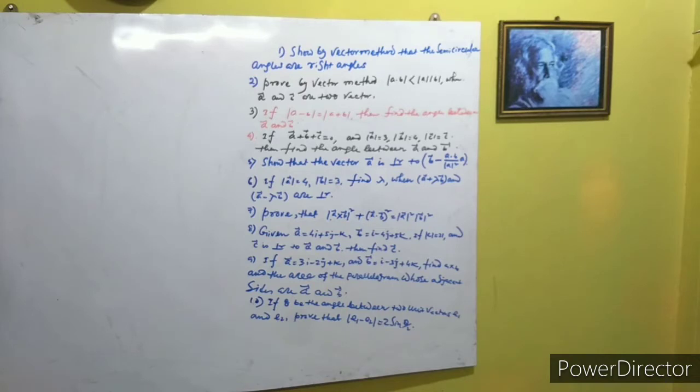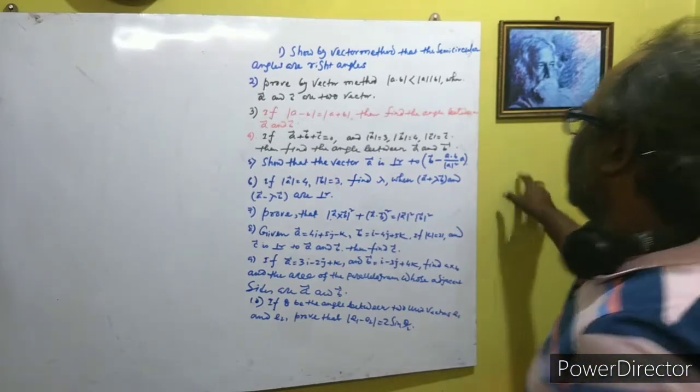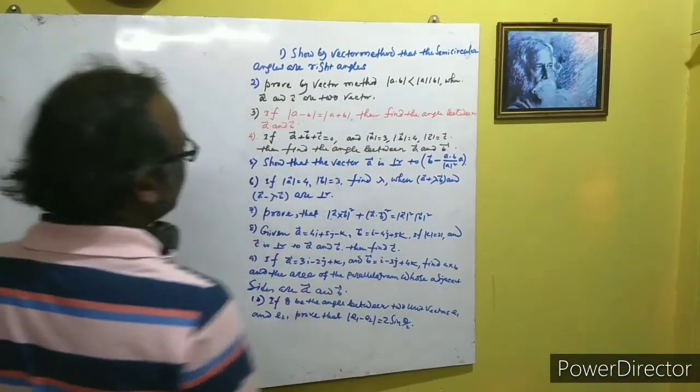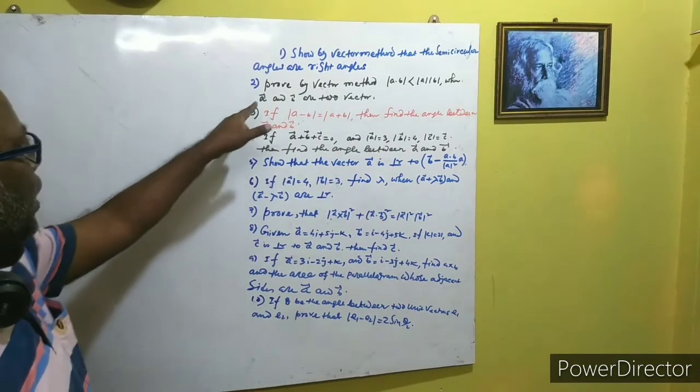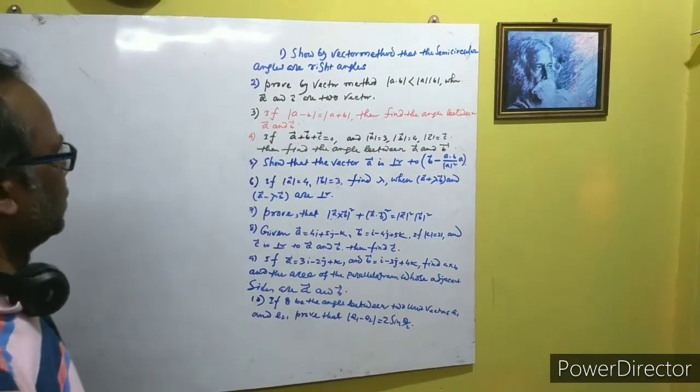Number 1, show by the vector method that the angle in a semicircle is a right angle. Prove by the vector method that A dot B, mod of A dot B, is less than or equal to mod A mod B, where A and B are two vectors.